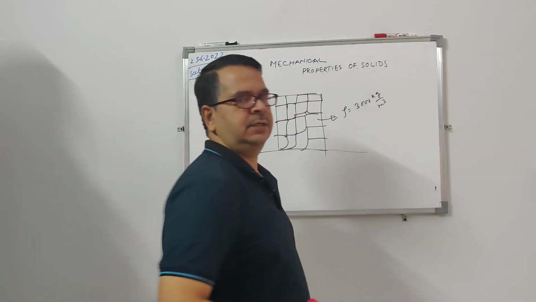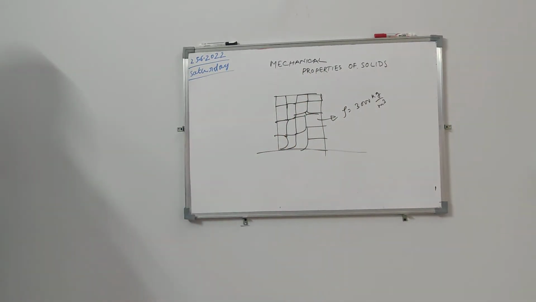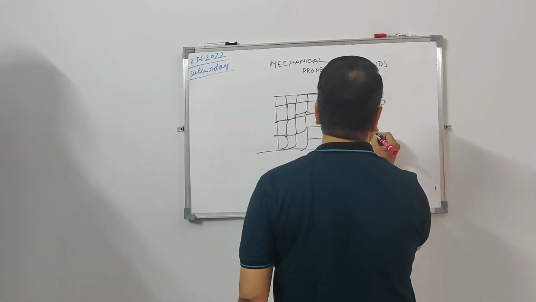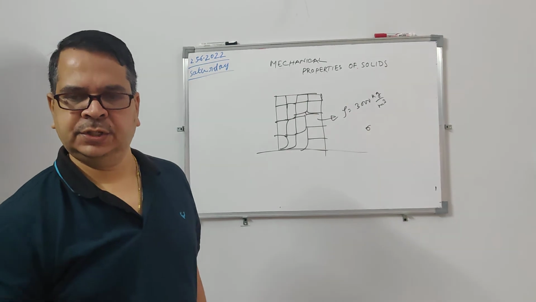The density of rock is 3000 kg per meter cube, and the elastic limit of rock is 3 into 10 to the power 8 MPa. The elastic limit, you can say the strength, is not Young's modulus.